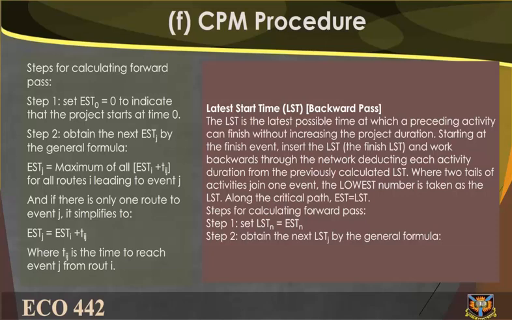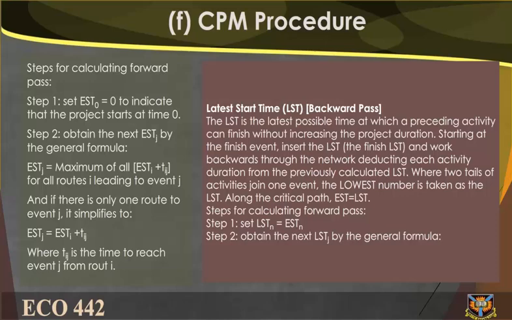And if there is only one route to event j, it simplifies to EST j equals EST i plus T ij, where T ij is the time to reach event j from event i.